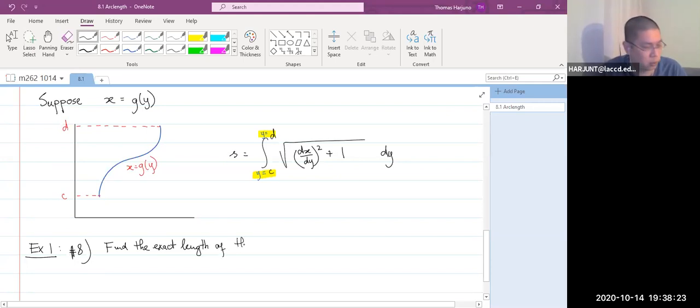The curve is y squared equals 4 times (x plus 4) cubed, where x is between 0 and 2 and y is positive.